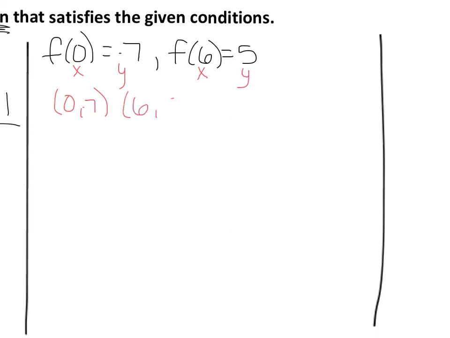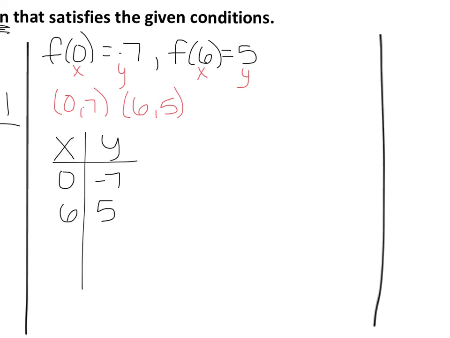So I have the point 6, 5. Okay, I have my 2 points, so let's find the slope. So we're going to find the change in y over the change in x. So negative 12 over negative 6 gives me a positive 6. So I have my slope of 6.